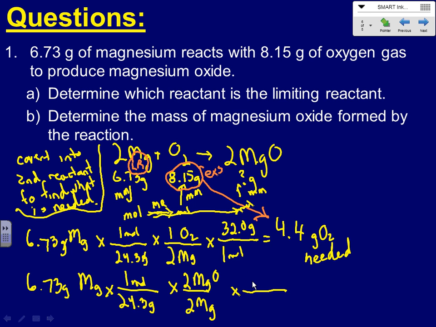And now I need the molar mass of magnesium oxide. Oh yeah, 40.3. We used that a lot in our experiment, didn't we? 40.3 grams per 1 mole.